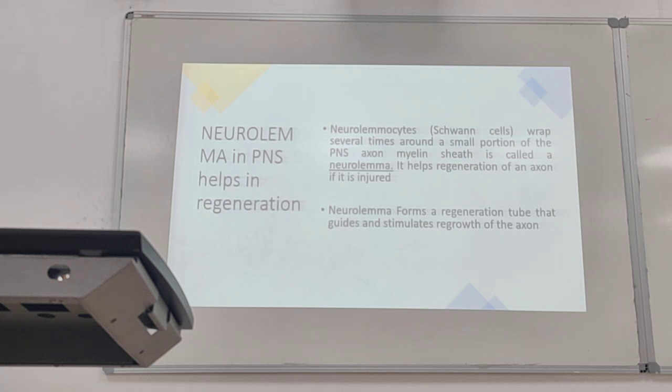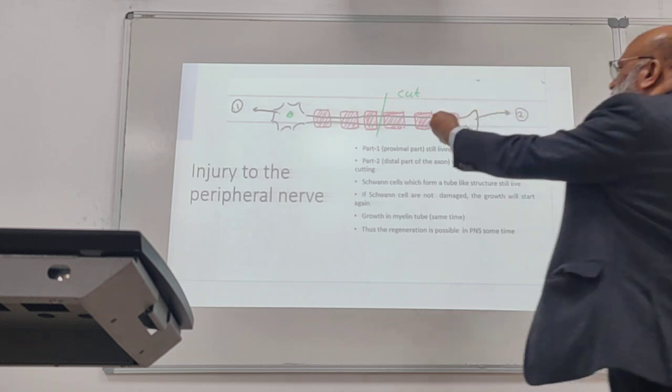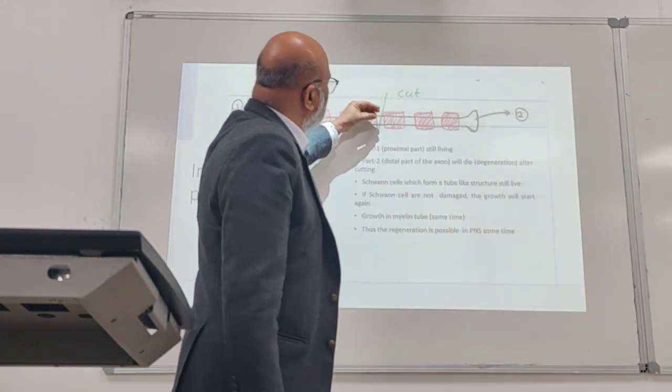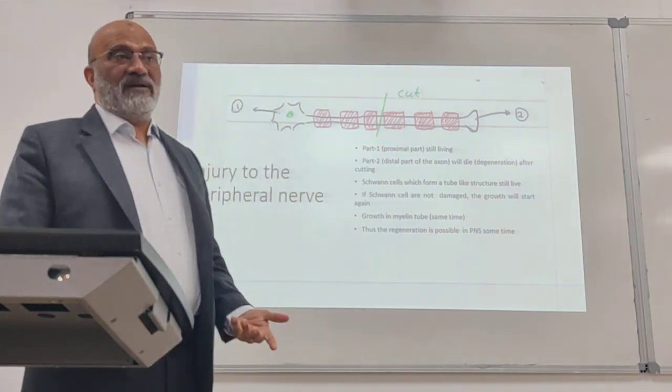That is, after death it becomes alive. Alright. So Schwann cells form a tube-like structure, like I said. If Schwann cells are not damaged, the growth will start again. This is dead. Nothing will happen here, so from here the growth will start. Possible.